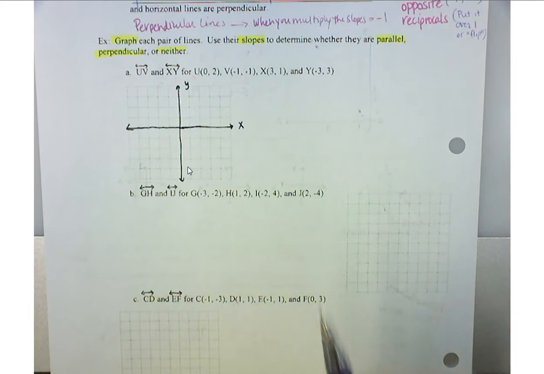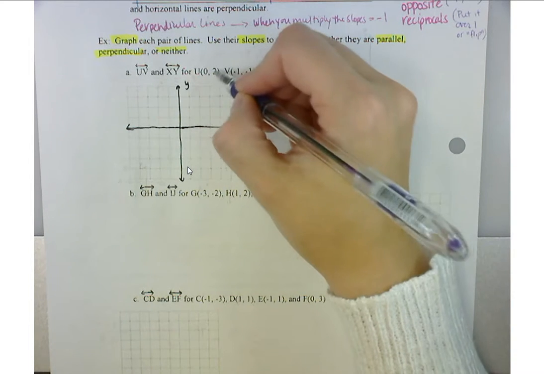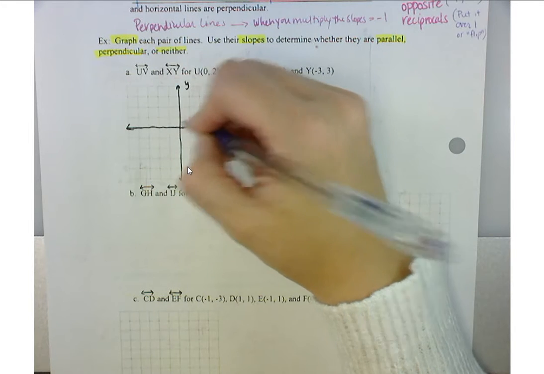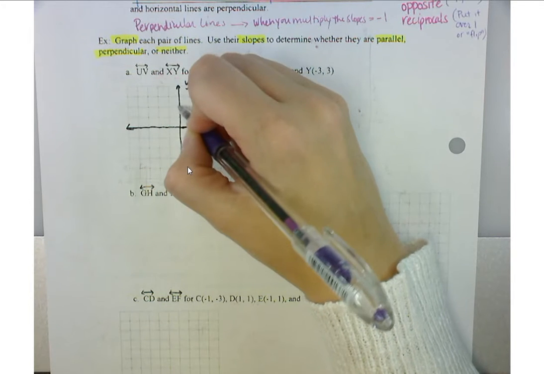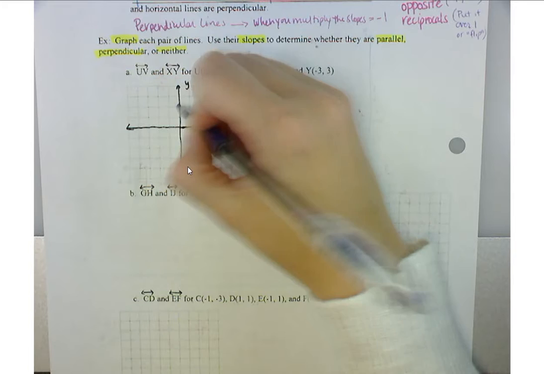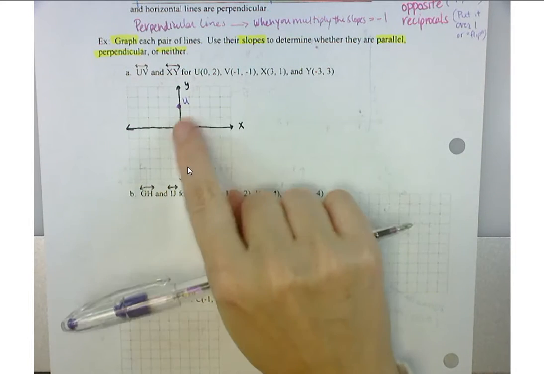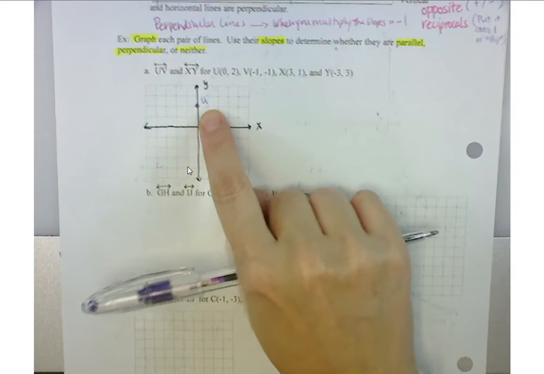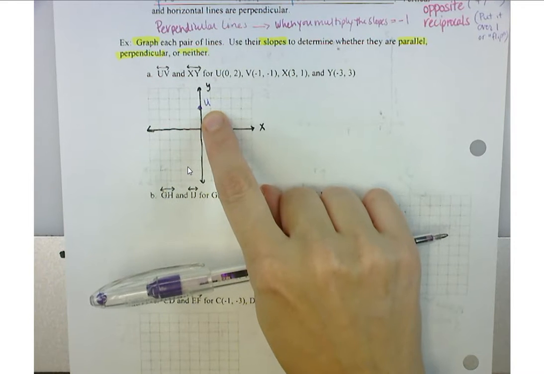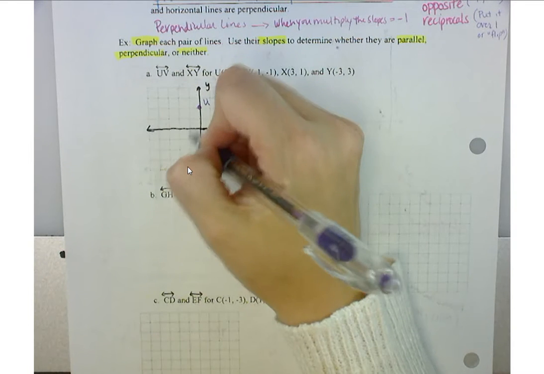Okay, so then you're going to plot your points. So you have 0, 2 for U. When you plot your point 0, 2, you need to label it. Okay, so this is U. So make sure you label it with your U. Your V is -1, -1.